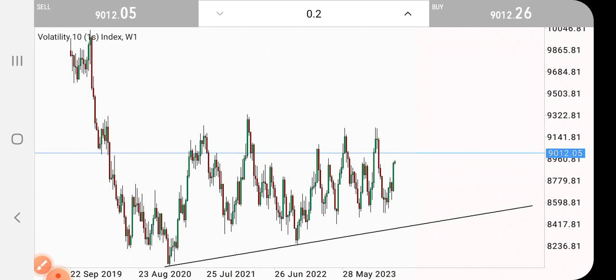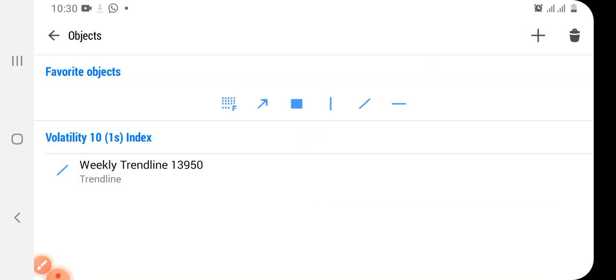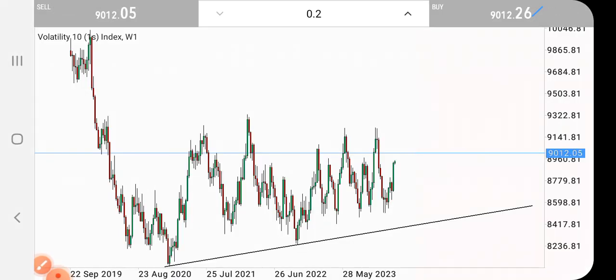It looks like an uptrend. So this is our uptrend. The market is trending upwards. We draw this line here. Now we have a clue about where the market is heading.